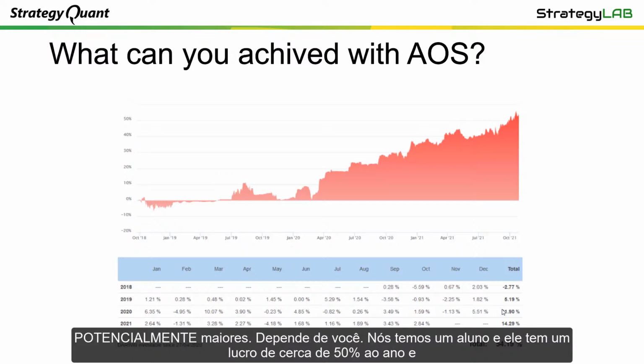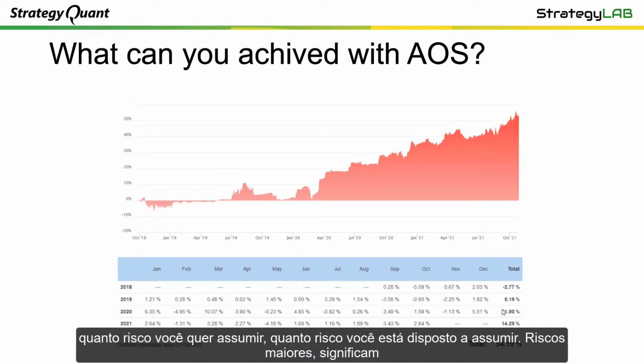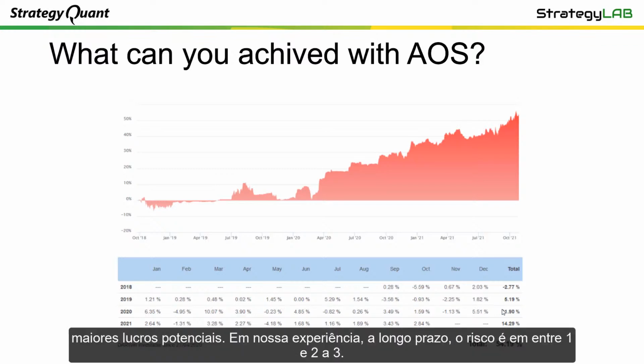It's up to you. We have one student and he has a profit of about 50% a year, and more or less several years in a row he has been profitable. It always really depends on how much risk you are willing to take. Higher risk means higher potential profits. In our experience, in the long run, the ratio of risk to profit is around 1 to 2 or 3.